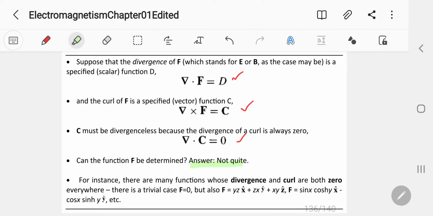Aside from the trivial case that F is equal to 0, we can have other functions that give us the divergence and curl to be 0 everywhere. Like this F and also this F, which you can try yourself. You can compute and you'll find out that they are 0 everywhere.